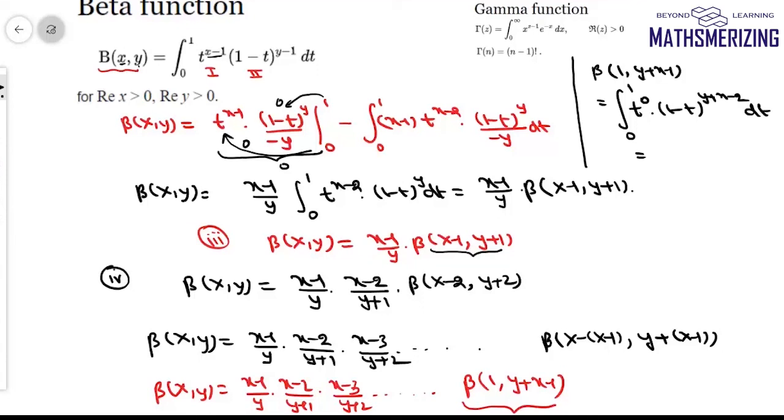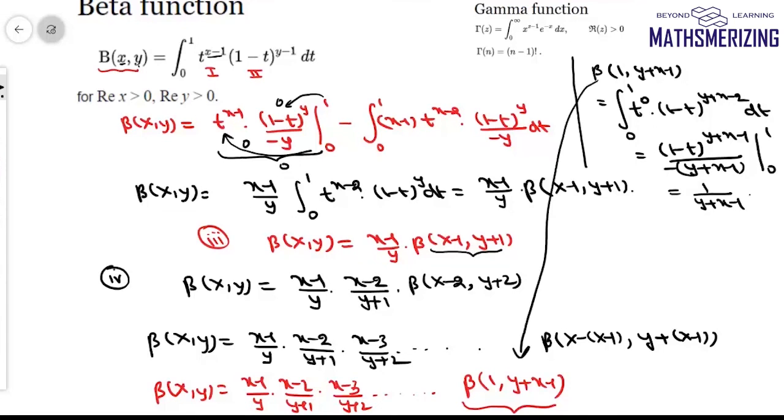If I integrate it, I'll get 1 minus t to the power y plus x minus 1 upon y plus x minus 1 from 0 to 1, with a minus sign because of this minus t. Putting in the limits, we get this value as 1 upon y plus x minus 1.